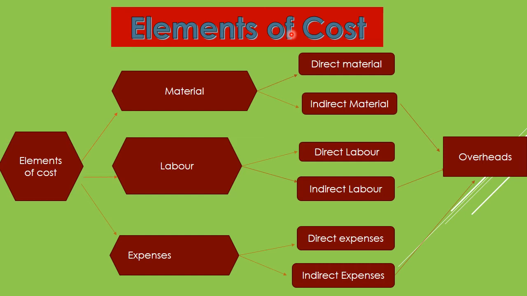So elements of cost are material, labor and expenses. Then this material itself is divided into direct material and indirect material, and labor, direct labor and indirect labor, expenses, direct expenses and indirect expenses. Then these indirect material, indirect labor and indirect expenses constitute the overhead.